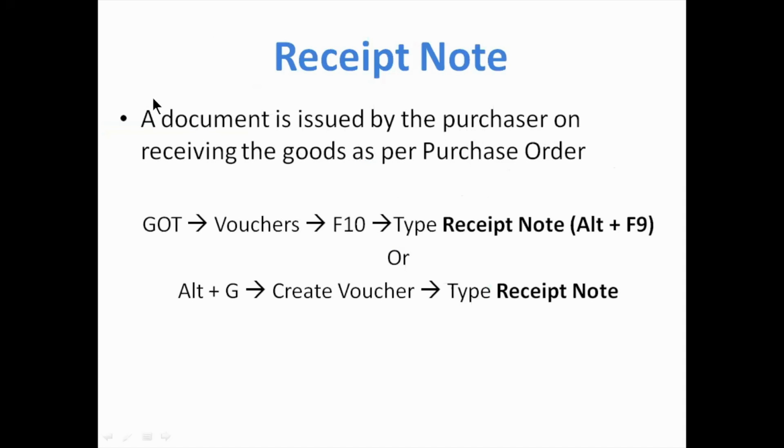This is our internal document, but it is very important to know the goods are received as per the purchase order. So how to pass that voucher? Go to Gateway of Tally, vouchers. As this is a special voucher, first go through F10, other vouchers, and then type receipt note. Just like purchase order, receipt note also needs to be activated for the first time.